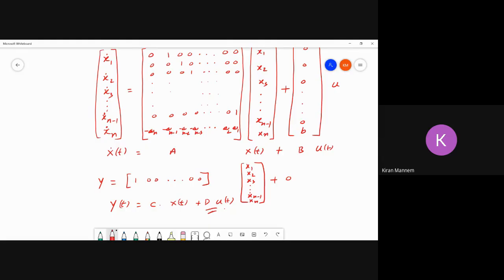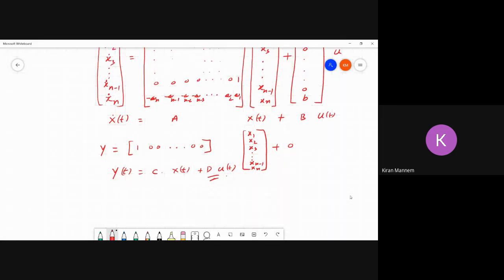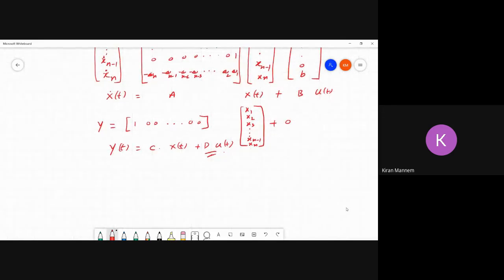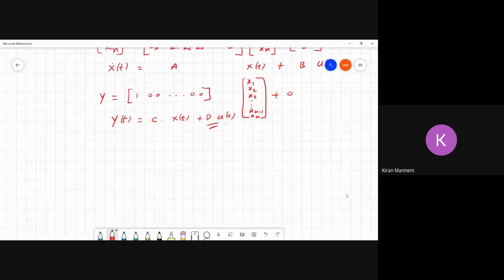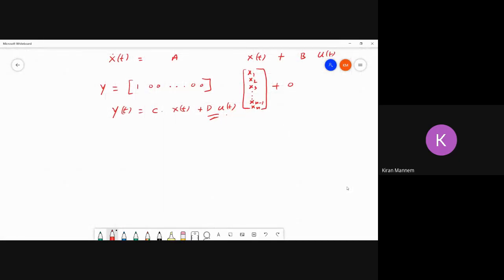So this is about phase variables. Let us consider one example of how to do the problem using these variables, right? So we have seen state space representation by physical variables, where you have a circuit and identify the number of capacitors and inductors. What are the state variables? The currents through the inductors and voltages across the capacitors.